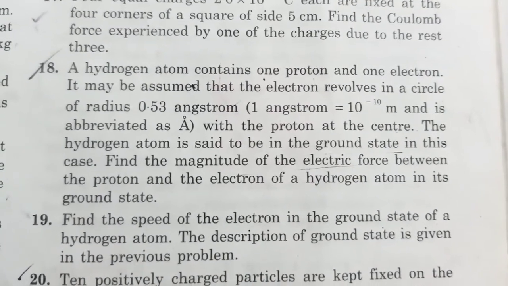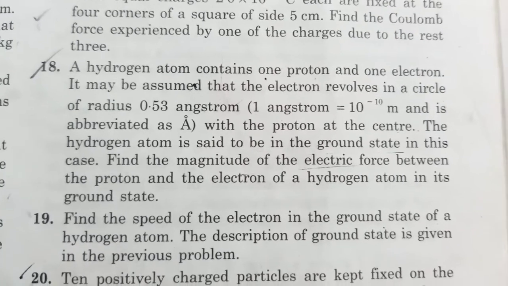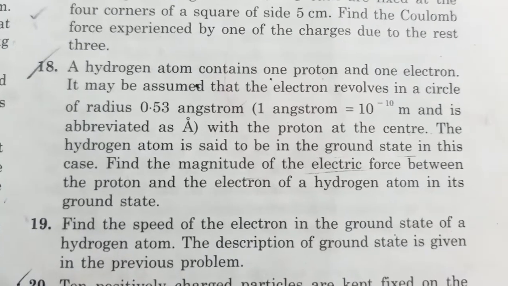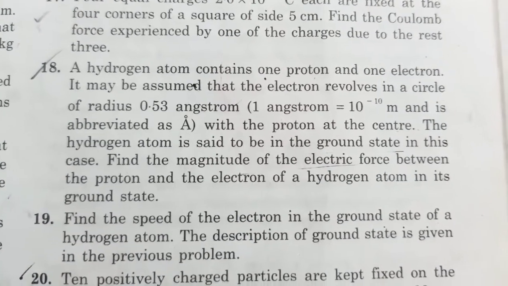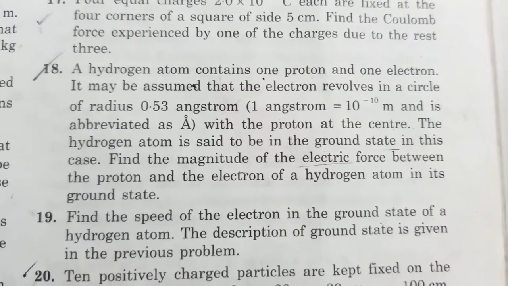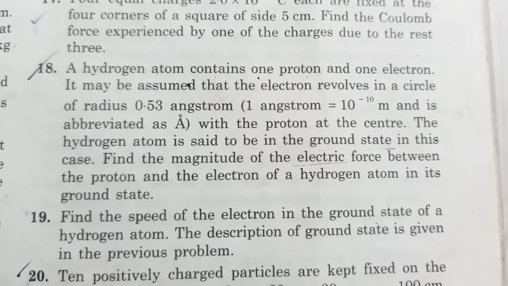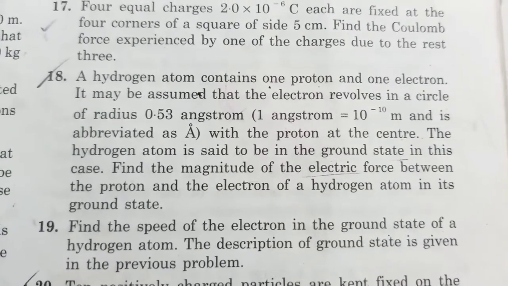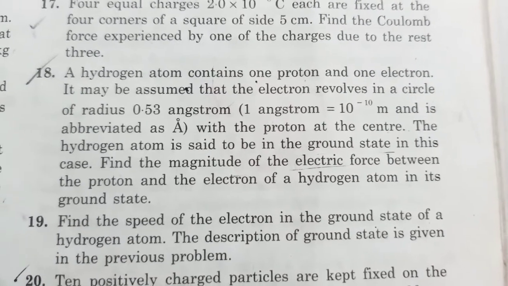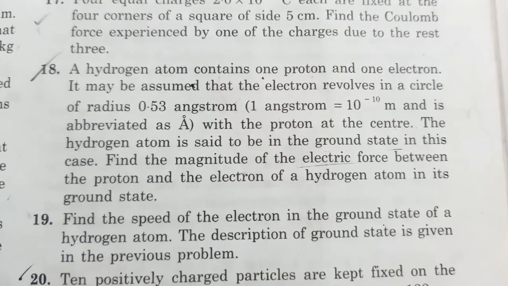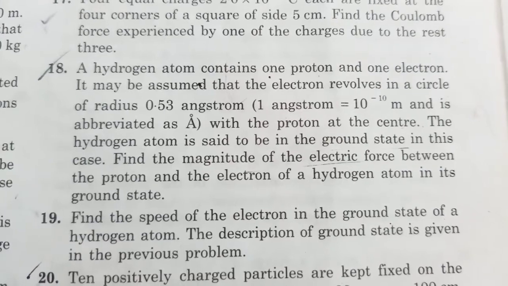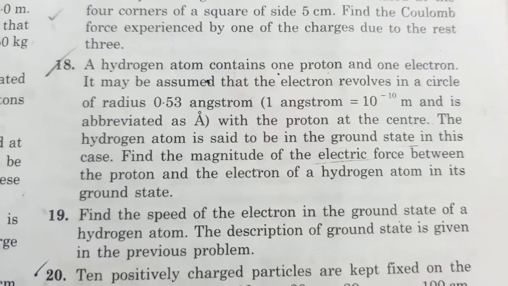The electron revolves in a circular orbit, the first Bohr orbit of radius 0.53 angstrom equal to 10 to the minus 10 meter, with the proton at the center, and the hydrogen atom is said to be in the ground state. Find the magnitude of the electric force between the proton and the electron of the hydrogen atom in its ground state.